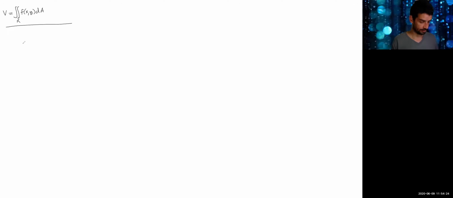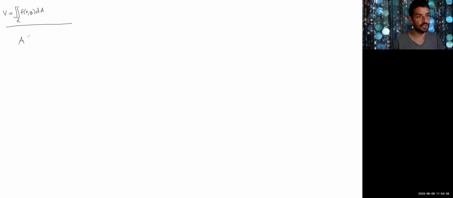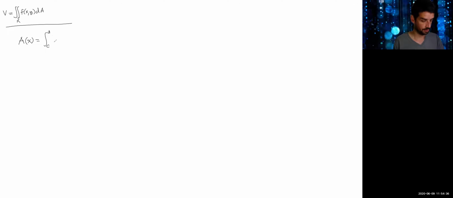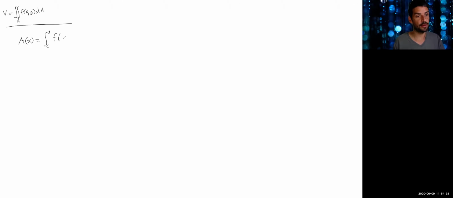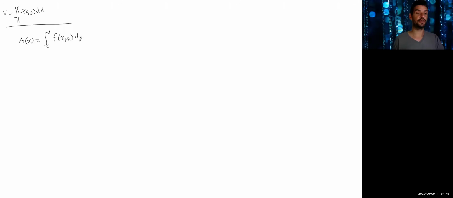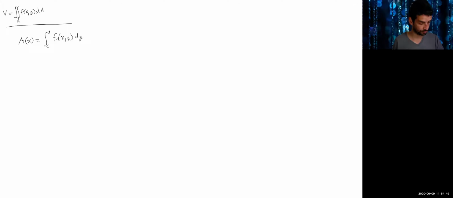So we're going to start with an equation that we'll have to dig into to see what exactly we're getting at. So let's look at this equation. I'm defining the function A of x to be the integral over the function f of xy dy over this interval CD.